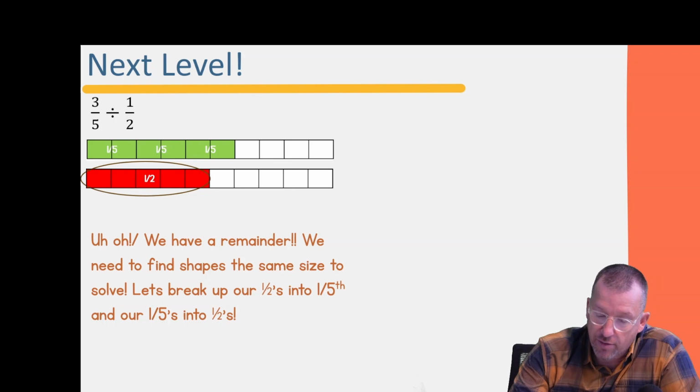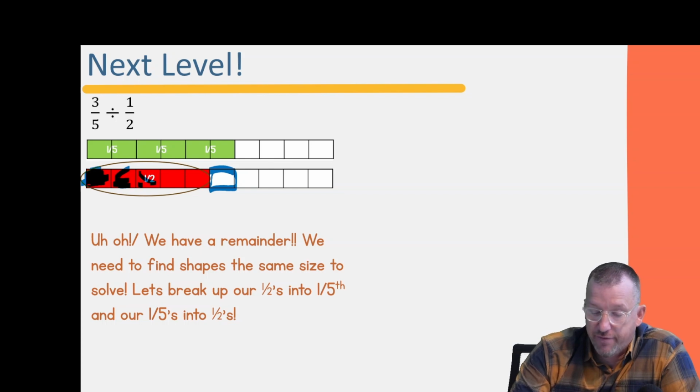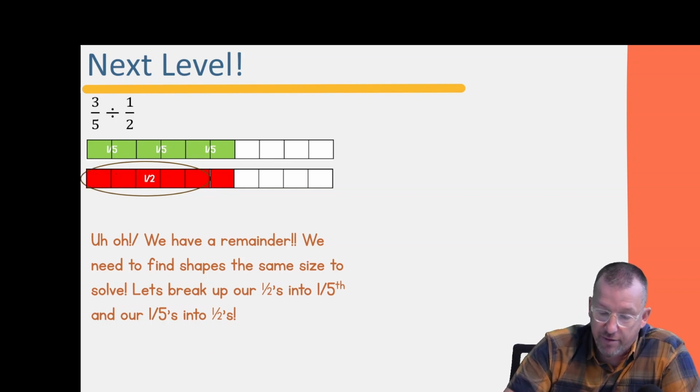Now, what did we notice gets filled in here? That's one spot. That is 1/5 of the half. 1/5 of a half. So remember, we're trying to get to our final answer. How many halves fit into it? 1. And then what else? 1/5 of this half.